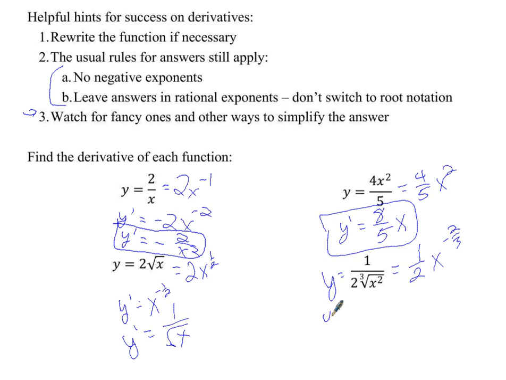Y prime equals negative. So you have 2/3 times 1/2, which is 2/6, which reduces to 1/3. X to the negative 5/3. So y prime equals negative 1 over 3x to the 5/3. That's right.